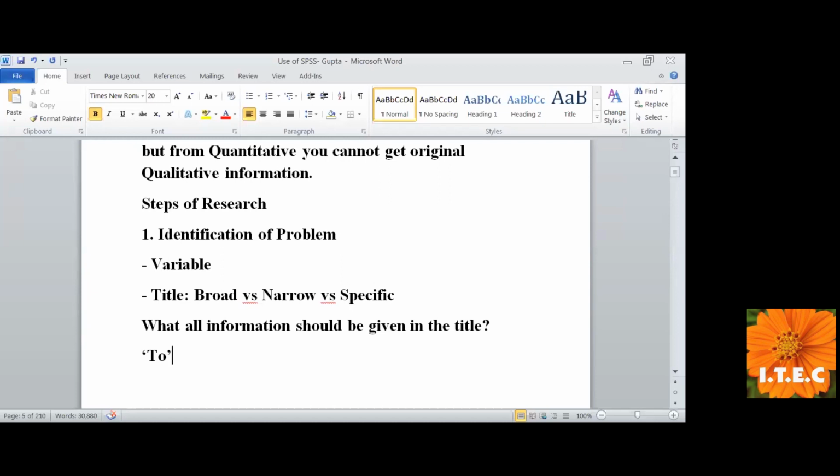That means neither the guide knows, nor the student, nor the examiners, nor the members of the RDC, Research Degree Committee, know about it. So it's a very, very unfortunate thing.